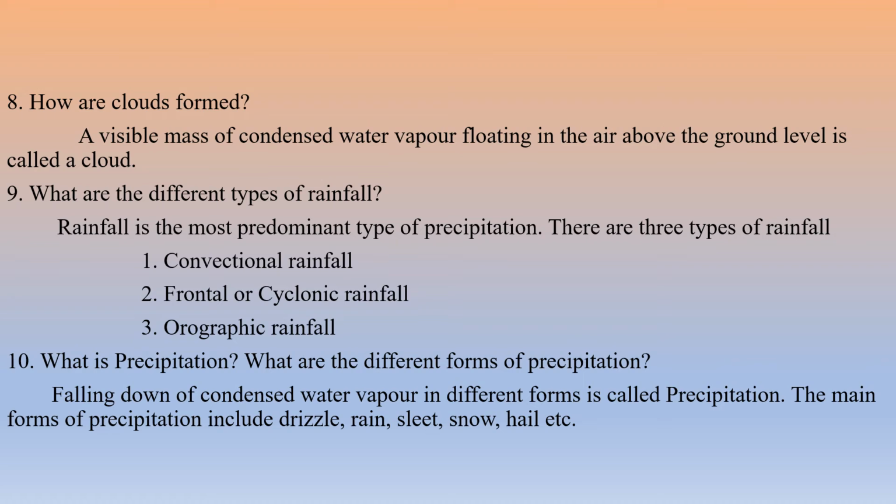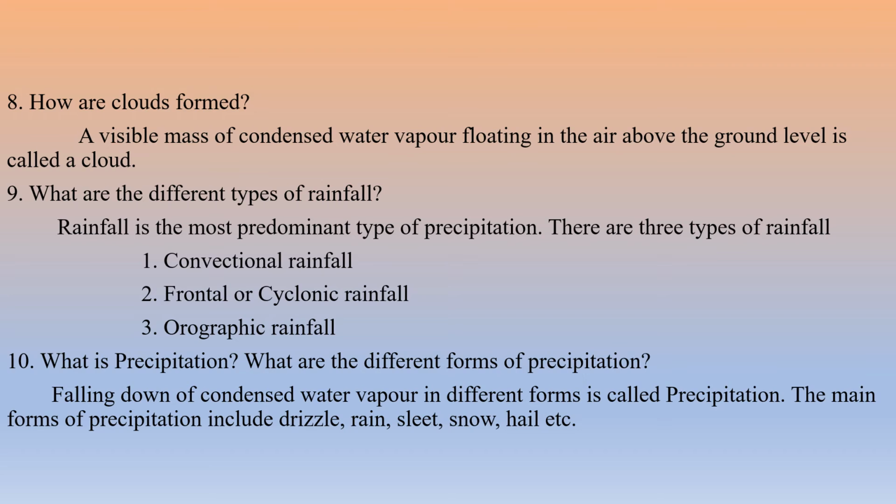How are clouds formed? A visible mass of condensed water vapor floating in the air above the ground level is called a cloud. Yes, how is the cloud formed, children? When the water body is heated by the sun rays, you will see the water vapor, and when it goes above the ground level it forms as a cloud in the atmosphere.